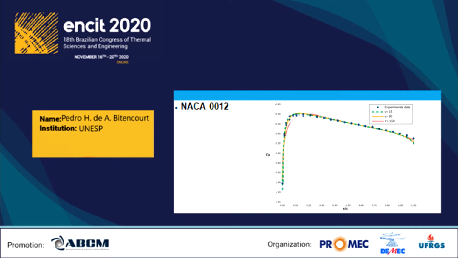The numerical data almost fits the experimental data, differing slightly at the trailing edge of the airfoil, and that's just the case for the more robust case of y+ 150. For the y+ of 50 and 60, the results are exactly the same.